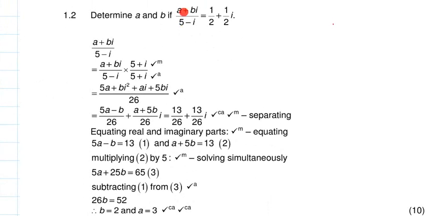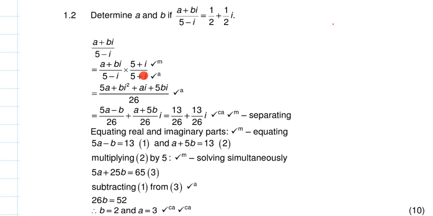Now what do we have? (a plus bi) divided by (5 minus i) is half minus half i. So it's basically writing this complex number fraction in standard form. So we multiply and divide by its conjugate, and once we do that, it's basically simplifying.